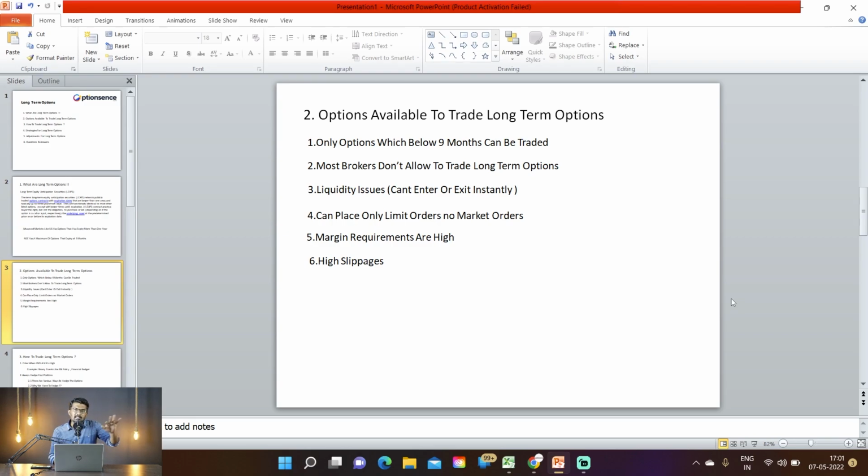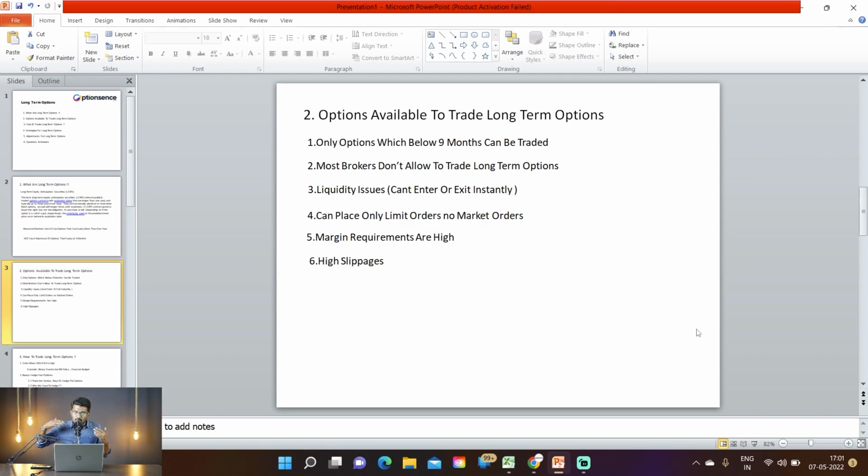So let us say instead of collecting 100 rupees, you are collecting 500 rupees on call side and put side. So your effective margin is going to be less than what you have in weekly or monthly options. Let us say instead of collecting 20,000 rupees, you are collecting 40,000 rupees. So your effective margin after span margin and exposure margin minus the premium you have collected is going to be maybe 70,000 or 80,000, right?